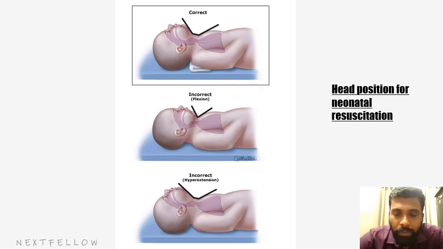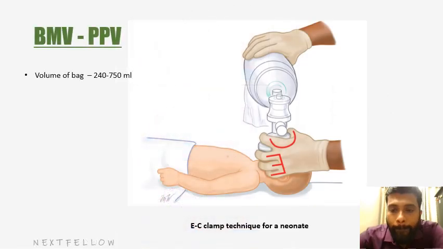In the correct position, there will be an alignment of the posterior pharynx, larynx, and trachea, which helps in unrestricted air entry. When you have to give positive pressure ventilation, the first line is definitely bag and mask ventilation, known as non-invasive positive pressure ventilation.